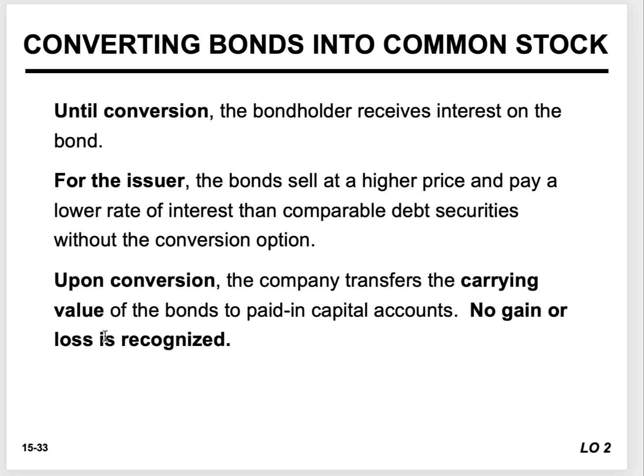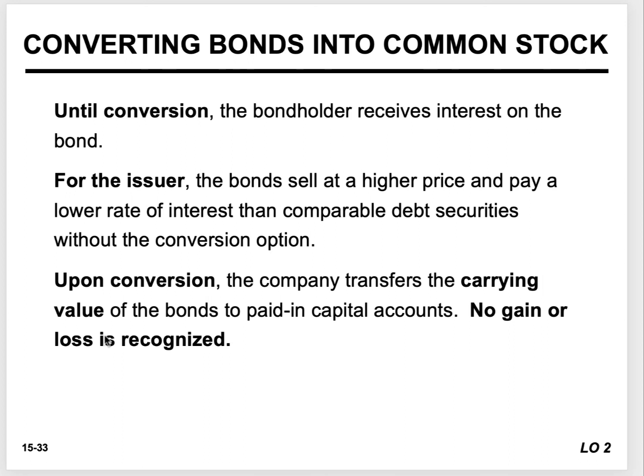Why? Because there's going to be a premium there for that conversion option. So if a bond has a convertible option, it is always going to be a higher price at a lower interest rate.